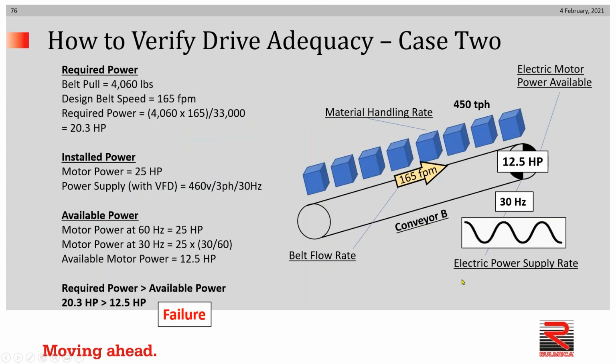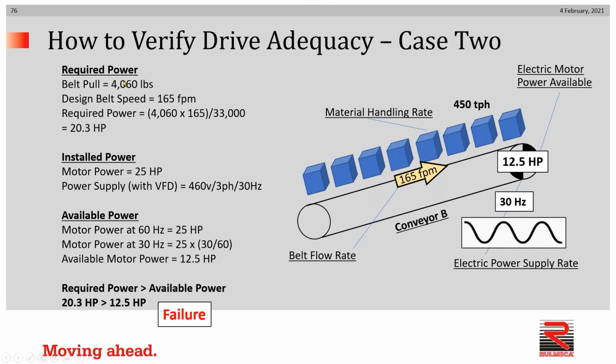However, if we decide to slow down the conveyor by using a VFD to decrease the power supply frequency, we will have a failure, as was mentioned previously, and here's how to understand it. We calculated separately that the belt pull is 4,060 pounds to handle 450 tons per hour at a belt speed of 165 feet per minute.